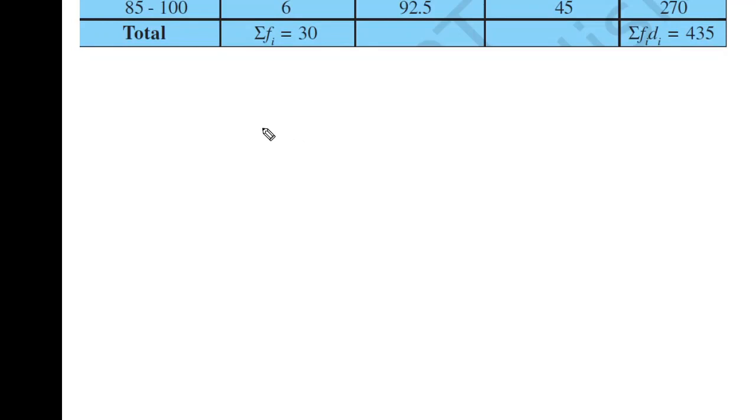You see, the deviated mean is equal to what? Sigma fi di divided by sigma fi. Who was di?